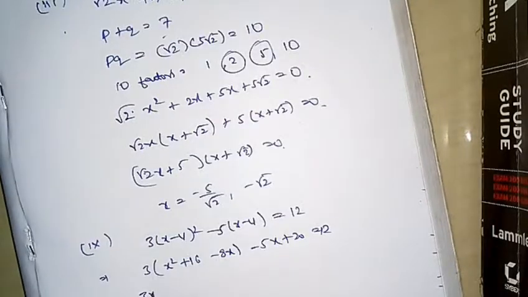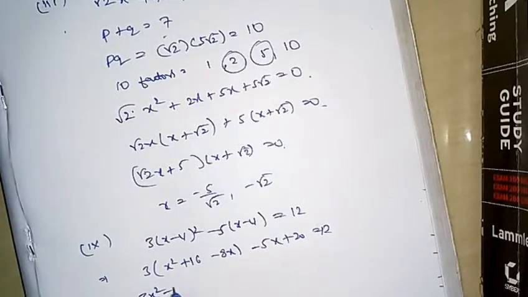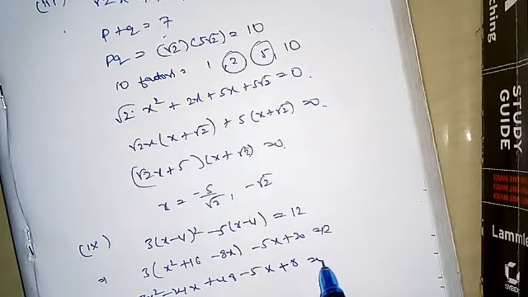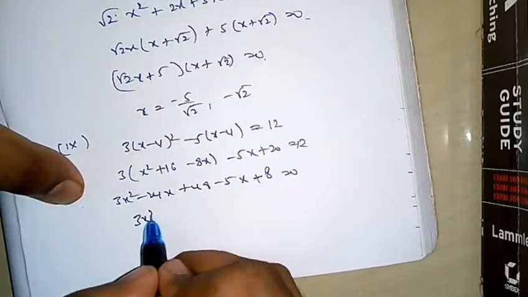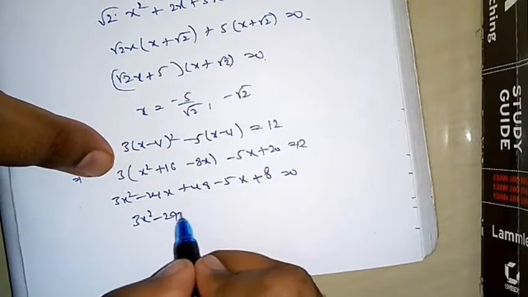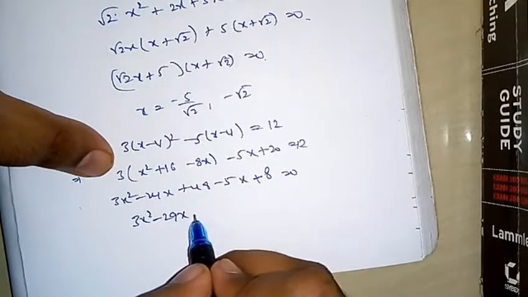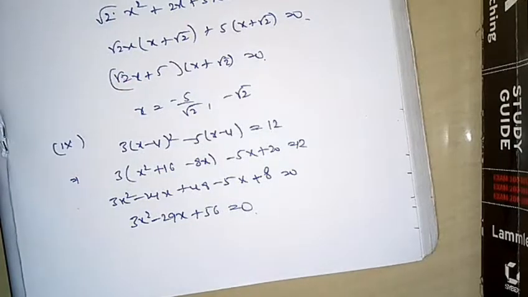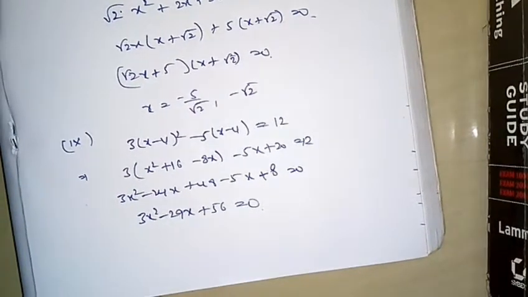So 3x square minus 24x plus 48, minus 5x plus 20, is equal to 12. So 3x square minus 24x minus 5x, which is minus 29x, plus 48 plus 20 minus 12, which is 56, is equal to 0.